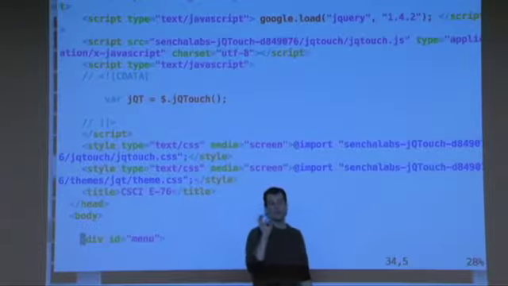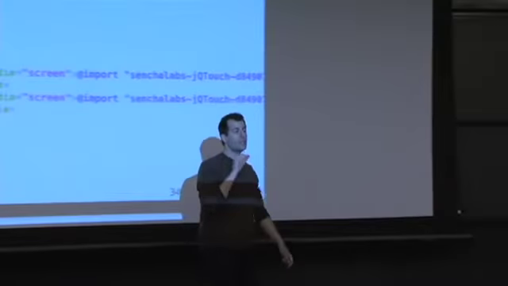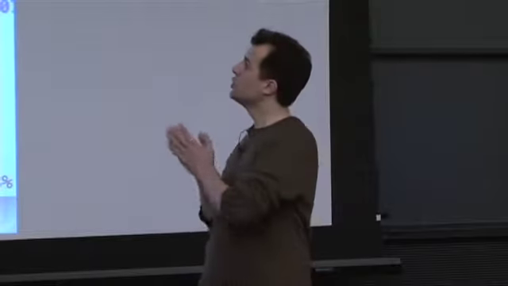So what's interesting about this library is that unlike jQuery Mobile, where I just needed the script tag and I just needed the link tag for CSS, I didn't write any code myself. For JQ-Touch, you actually do need to write at least one line of code yourself, and that is call the JQ-Touch function. And essentially, this function is going to analyze all of your HTML code and transform it into a more interactive user interface if you followed the rules.